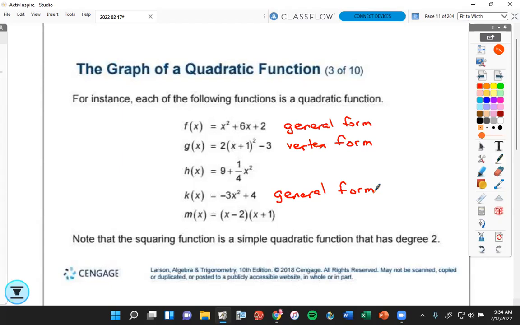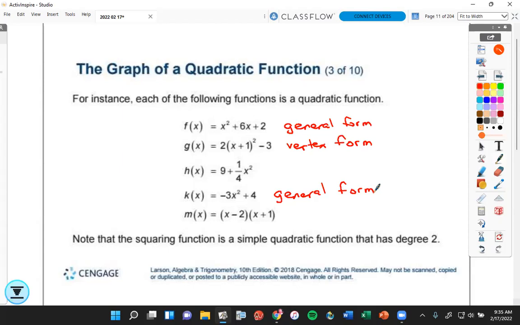If a homework question or a test question asks you to write the answer in general form, if you wrote it like H, you just got it wrong. If you'd have written this as 1/4 x squared plus 9, that's general form, descending powers. Now it's right. They actually call this standard form as well. I've seen vertex form also called standard form.